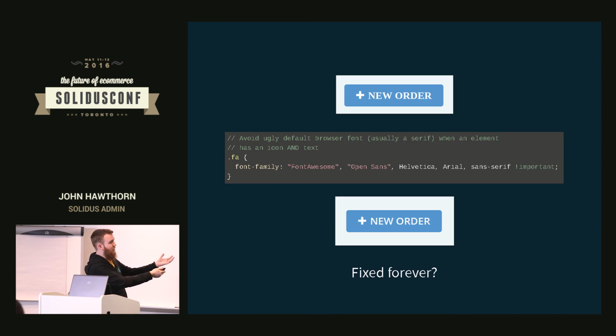So it would look like this, with an ugly default web browser's choice of serif font. Someone a while back, a keen-eyed observer, noticed this and added this hack, which is a great hack, to quickly make it less horrible. What this does is it sets Open Sans as a fallback. And this works so long as we only ever want to put one font next to our icons.